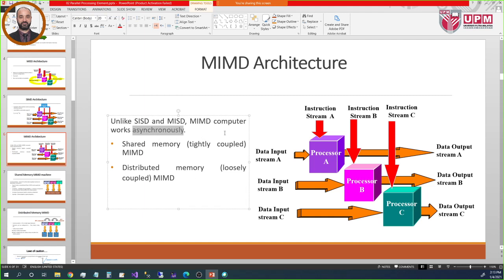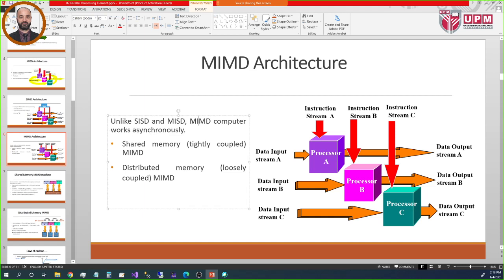That's why this architecture can work synchronously and asynchronously, both of them. But for the previous architectures, all of them have to be synchronized, because they are sharing some things. Maybe they share the same instruction, or maybe they share the same data.